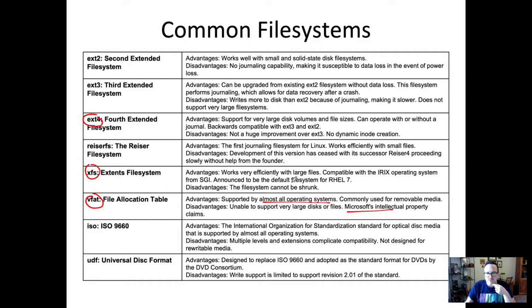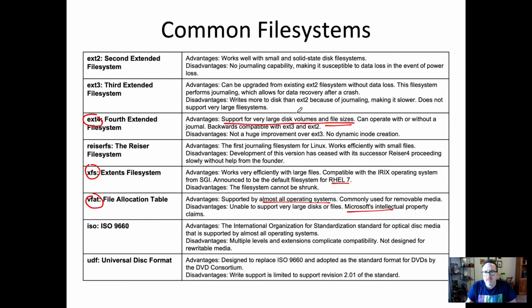I need to use RHEL 7, Red Hat Enterprise Linux 7. Most common will probably be ReiserFS, XFS. Most OSs will have a standard. ext4 is one of the standards. Also, ext4 supports very large disk volumes and file sizes, that could be a big deal. Am I dealing with a video production system where I have large files, right? Video files are huge.